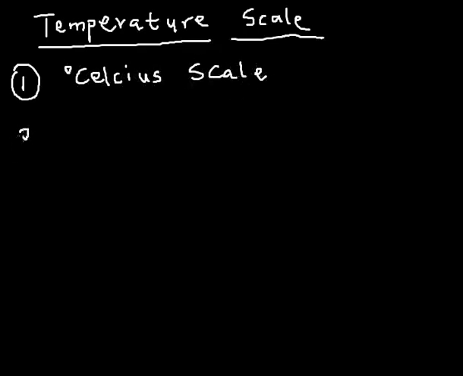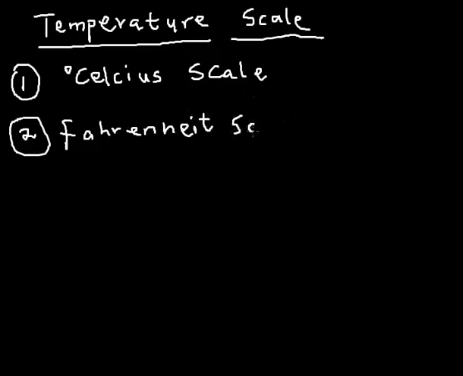We can also use Fahrenheit. But the thermometer that is used, the clinical thermometer, basically uses the Celsius scale. In fact, the Celsius scale is much more common. So with a Fahrenheit scale, that means that thermometer is calibrated based on Fahrenheit.